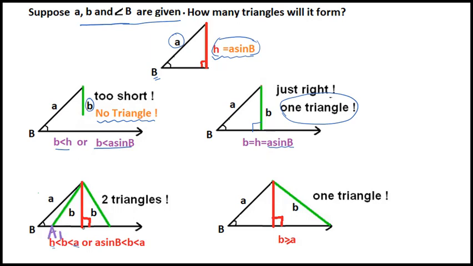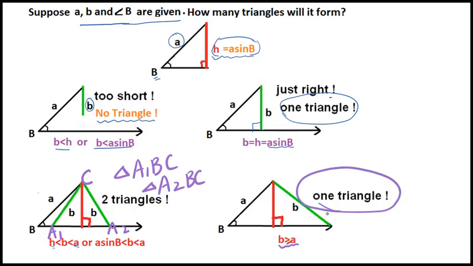This is A1, here's A2, and this one is C. So we have triangle A1BC and also triangle A2BC formed. When this b is greater than or equal to a, then we have only one triangle formed.